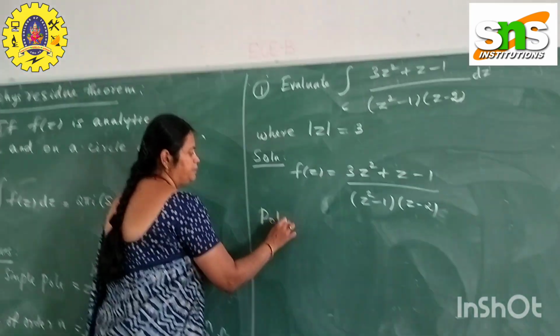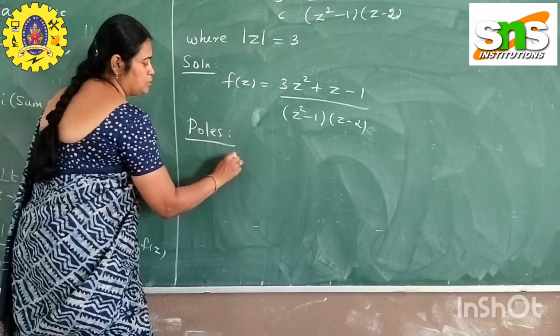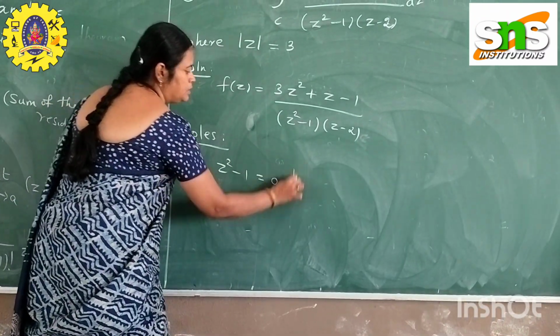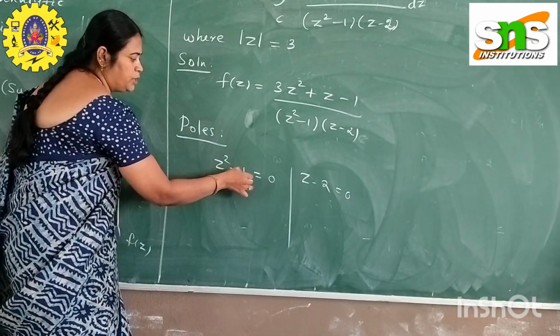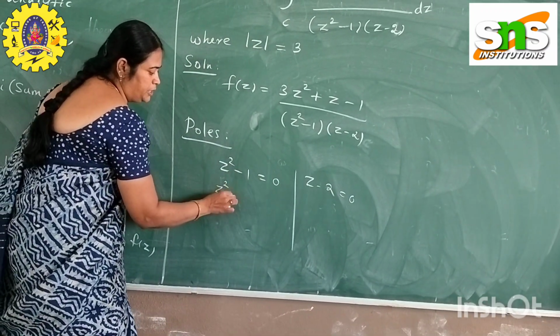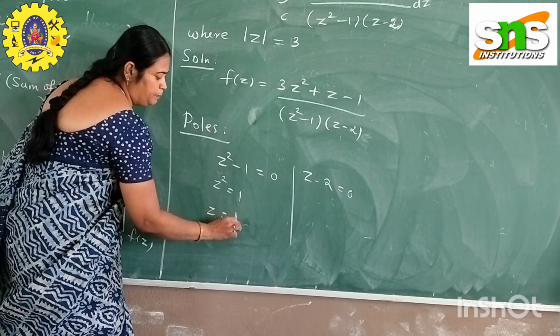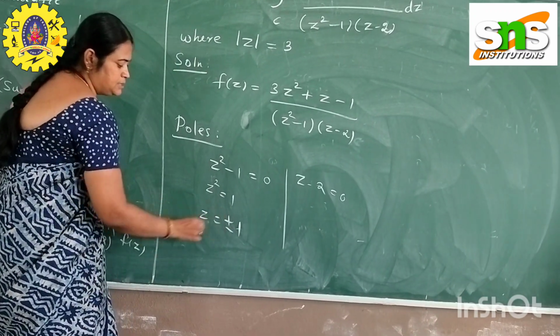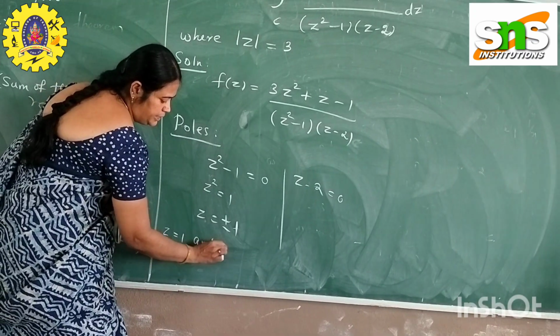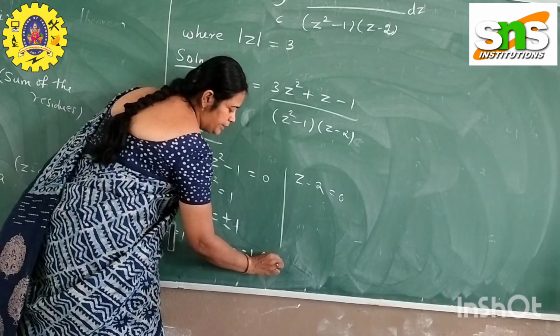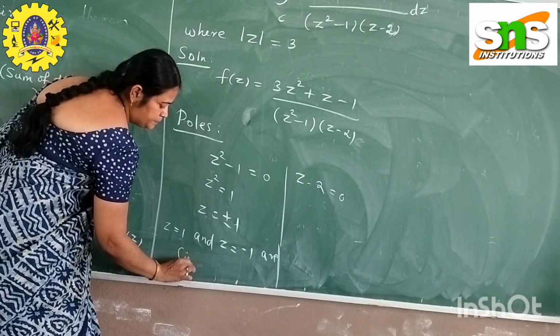So let us find the poles. z square minus 1 equal to 0, and similarly z minus 2 equal to 0. z square minus 1 equal to 0 gives z square equal to 1, so z is equal to plus or minus 1. So z equal to 1 and z equal to minus 1 are called simple poles.